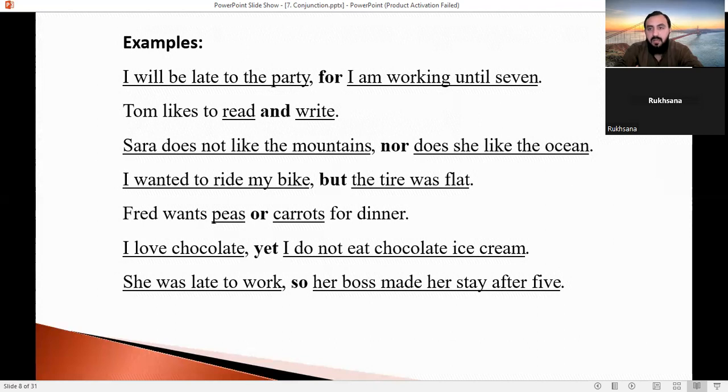I'm talking about clauses. However, you can use them to connect phrases, words, simple words. I am a doctor and a driver, I would say. For example, I want some peas and I want some fruits and vegetables.